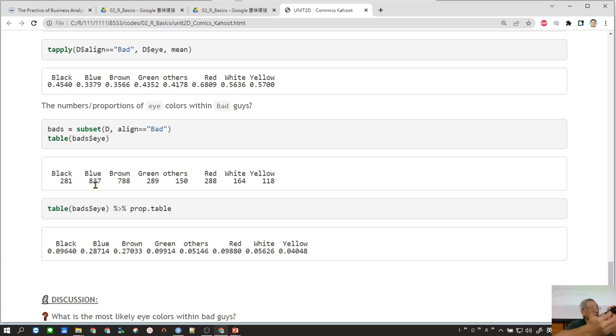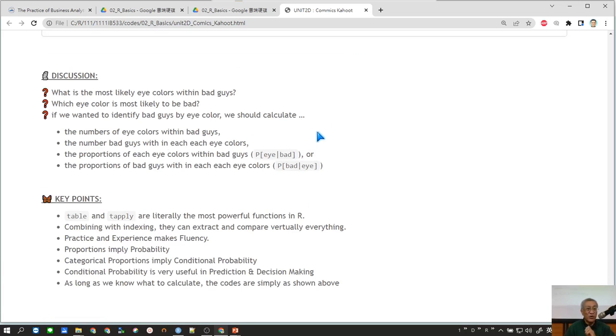When we want to identify something, we are talking about something like this, right? Given the eye color, I want to know the probability of bad, right? Okay? So if I ask the question the other way, given bad, I want to know the probability of each eye color, right?